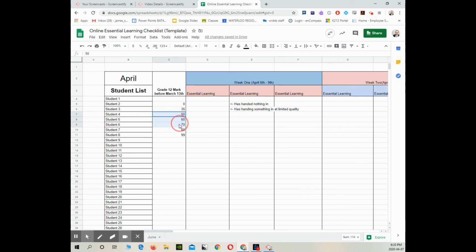And we can see that the range increases all the way to the student who is getting a 99, and this person has handed everything in with exceptional understanding of essential learnings.